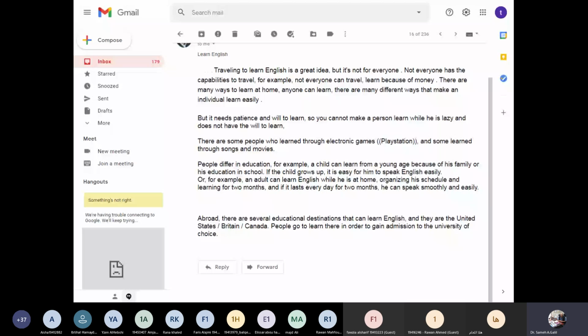And did she talk about both of the two promises? Did she talk about how to learn at home and the different ways that make an individual learn easily? Did she talk about the two of them in the body paragraphs? I'm asking you. It's not really clear, the body paragraph. She's half.